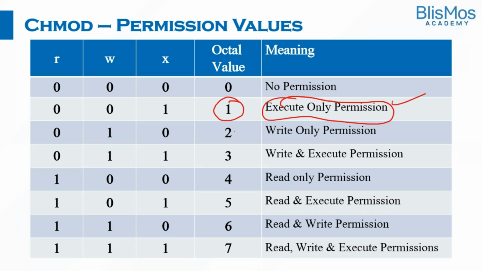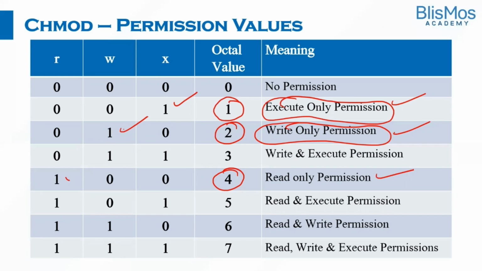When you have a 2 as the octal value, that indicates write only permission. When you have an octal value of 4, that indicates read only permission. So 1 is execute, 2 is write.